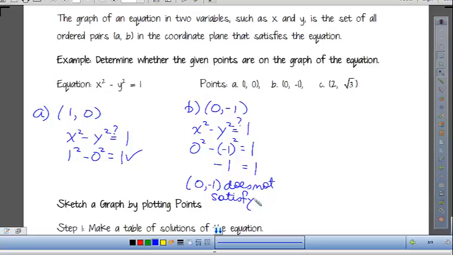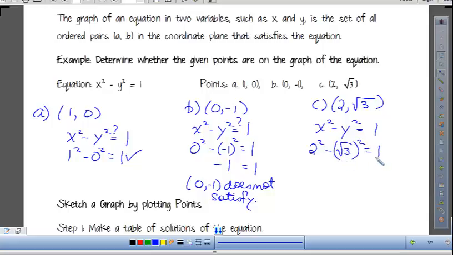Then finally for C, we're looking at (2, square root of 3). So I'm going to plug in 2 for x and square root of 3 for y, and so we get 4 minus what? 3.